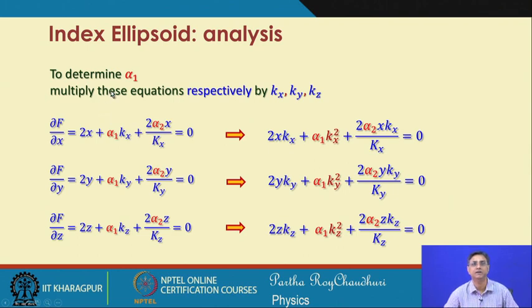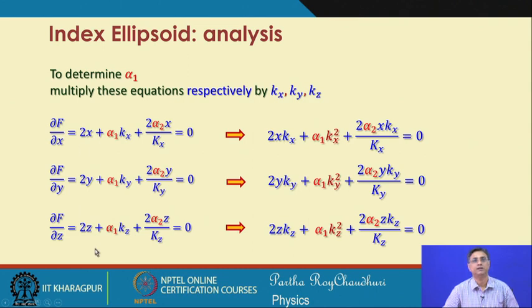So, to determine the value of alpha 1, we have to multiply these equations respectively by k x, k y and k z. So, this minimum extremum condition equations will be multiplied by k x, k y and k z. If you multiply by k x, this will give you k x x, this will give you k y y and this will give you k z z.